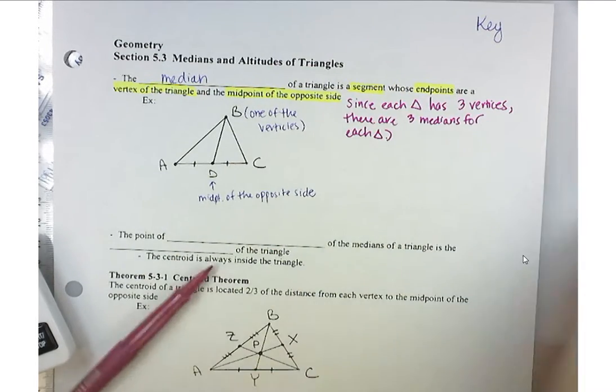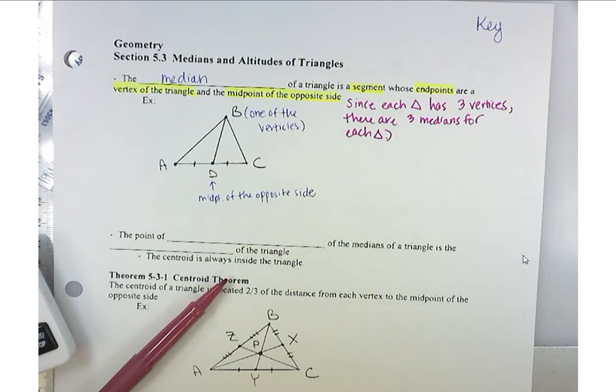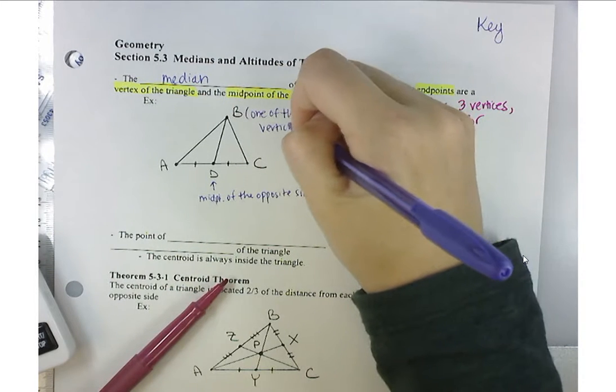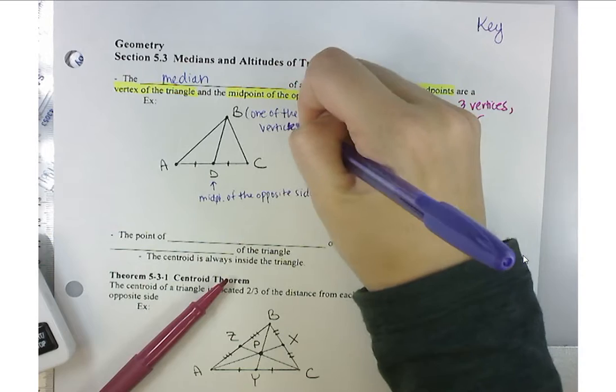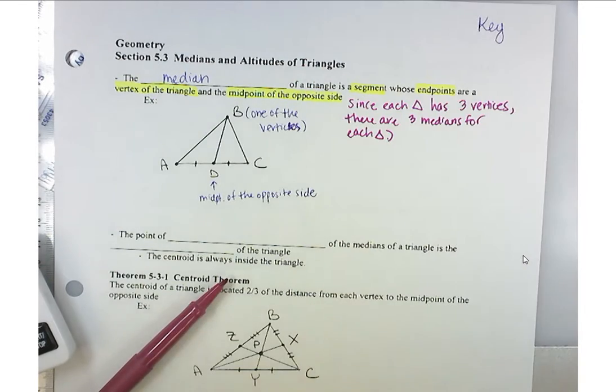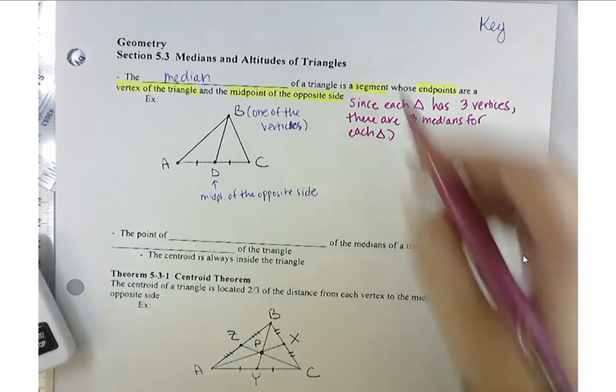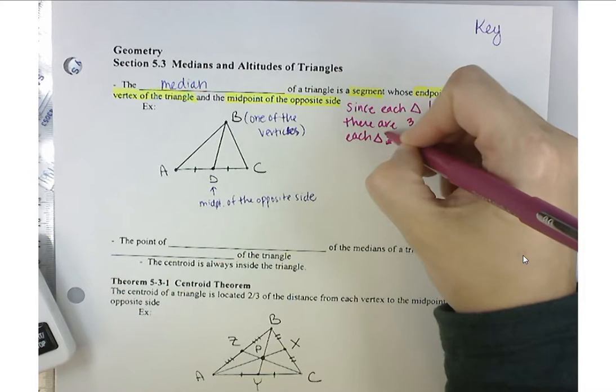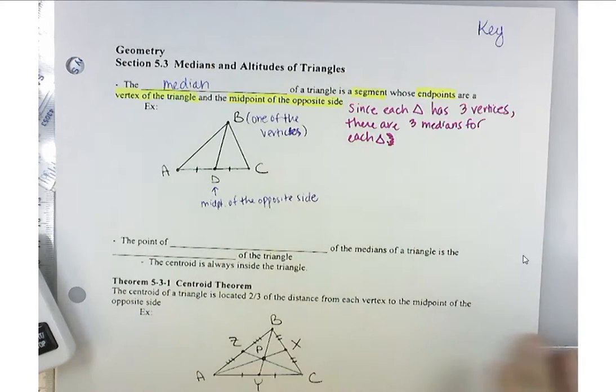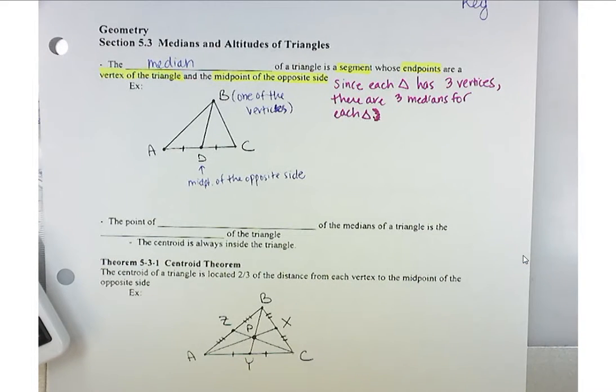This should be just vertices, no I in there. I don't know why I put this in here. We don't need that. So since each triangle has 3 vertices, there are 3 medians for each triangle.